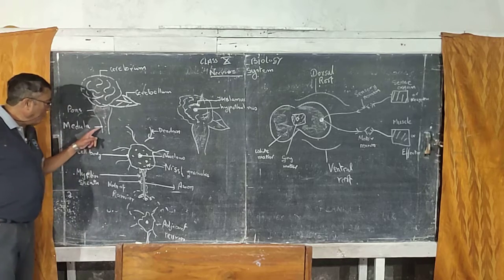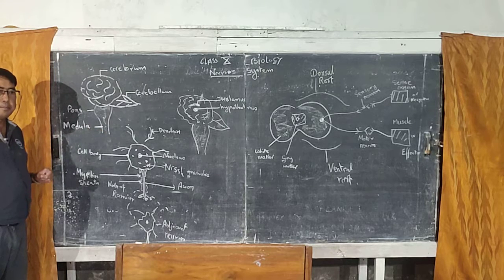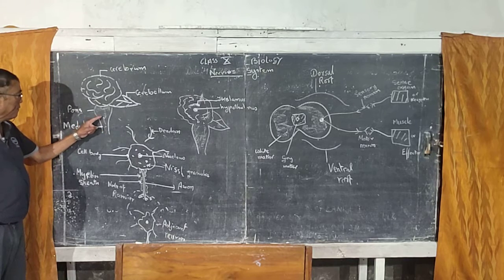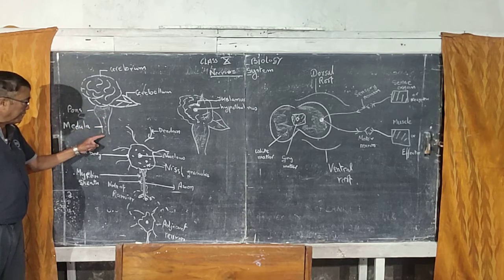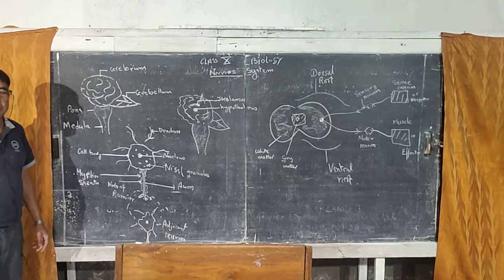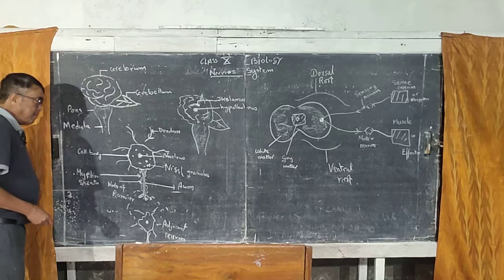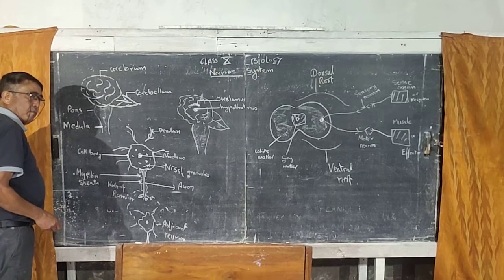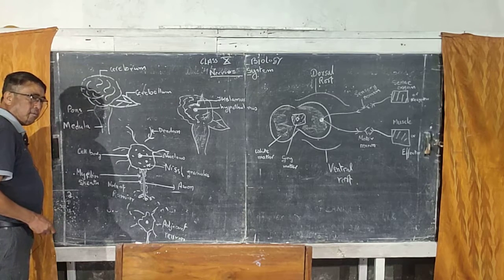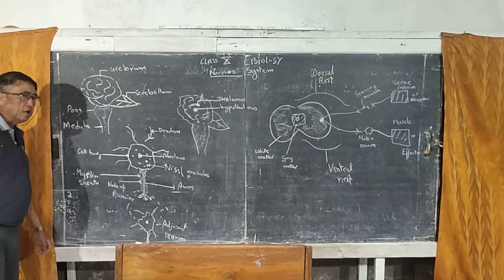Now, the downward elongation or prolongation of the medulla of the brain is called the spinal cord. It is well protected by the backbone, or the vertebral column.